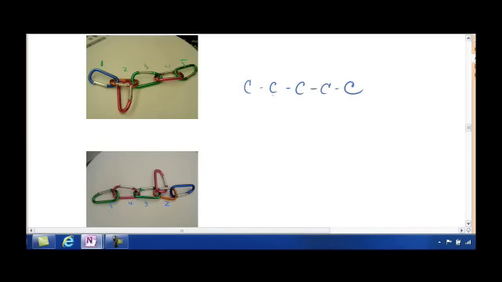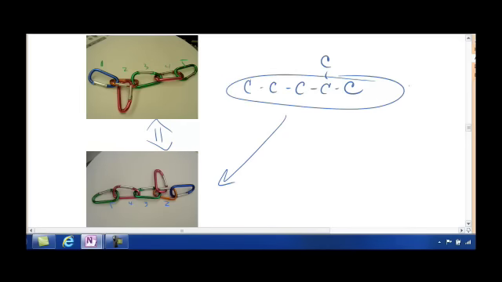Is that different? If I start from the right or from the left, does it matter? No. So what's this guy's name? That guy looks very much like that, but these two guys are identical. Okay, so what's my parent chain?